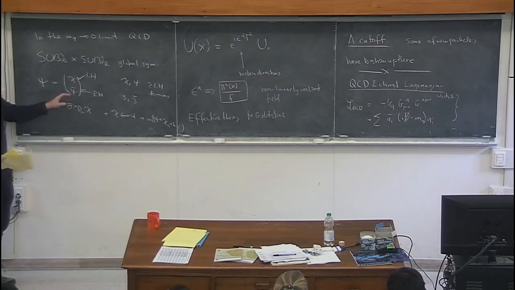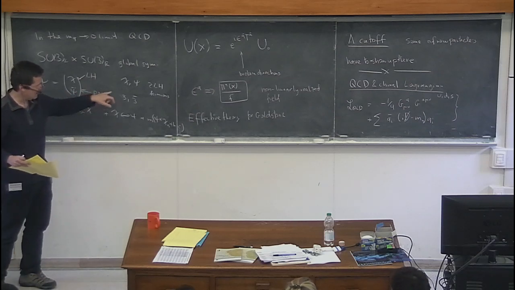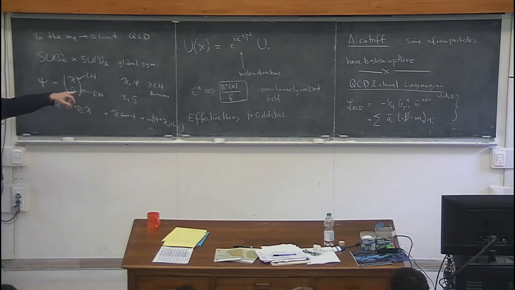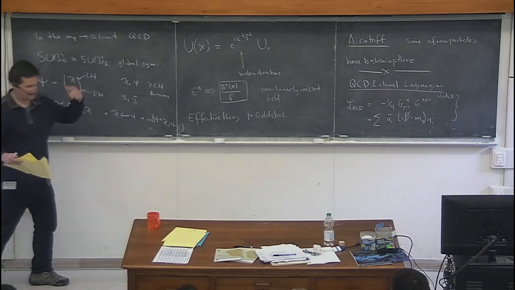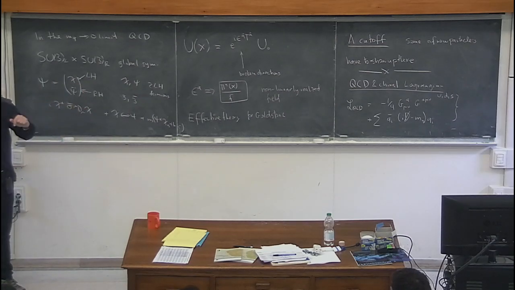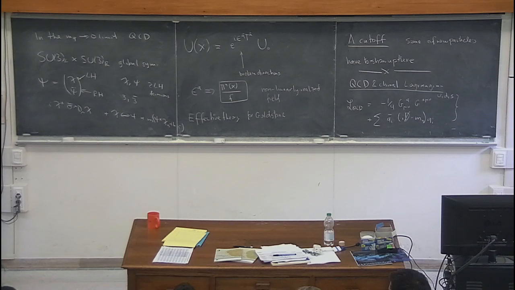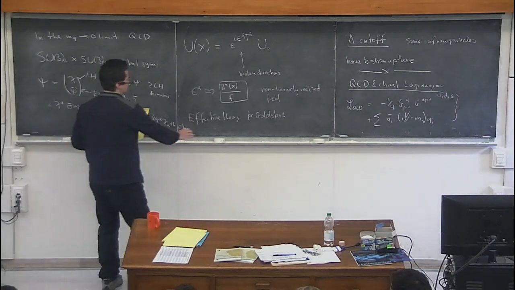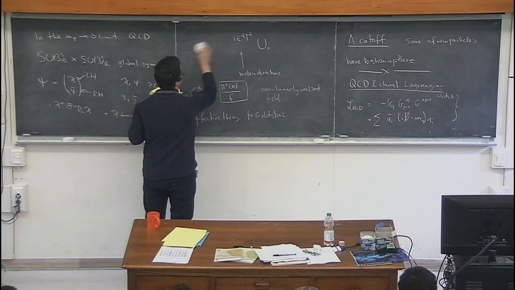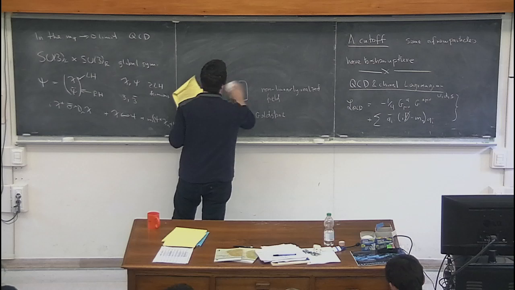Then you can have the 3 left-handed anti-fundamentals, the psi fields, and mix those among each other. Those are 2 separate SU(3) symmetries. So the flavor symmetry of QCD in the limit when the quark mass goes to 0 is actually SU(3)_L × SU(3)_R. That's really important.